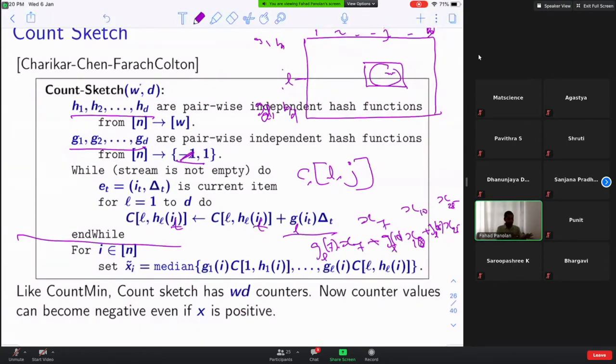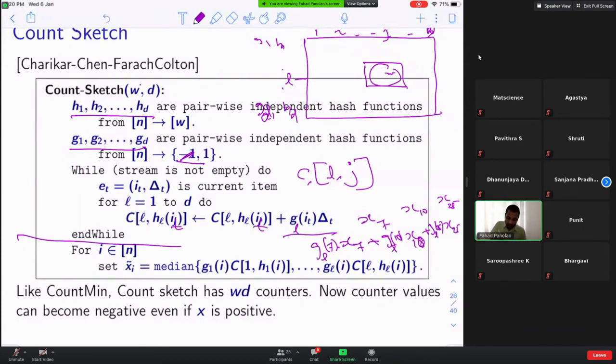So if x_i tilde has gone somewhere and some other things also came there, you add all of them, some of them add and some of them subtract, then you will be much closer. And we take the median of that, so we should be closer.